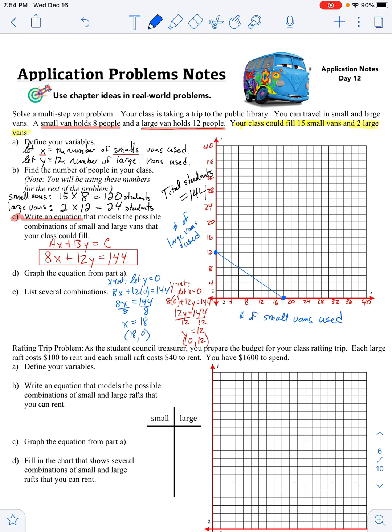So what question E is asking us to do is to list several other combinations that work. Well, if I'd like to list several other combinations that work, what I need to recognize here is that the other combinations that will exist are going to come from a specific pattern.